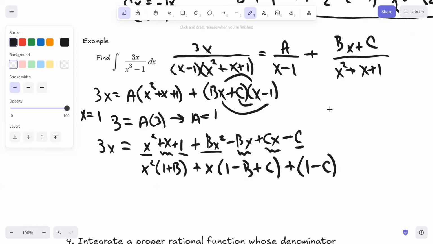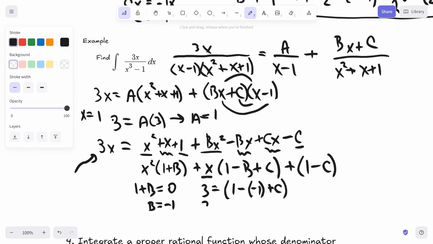Now, there are no x squared terms, so I know the 1 plus B has to equal 0, so B equals negative 1. So this x term here, the coefficient is 3, so I know 3 has to equal the 1 minus B, which we just found to be negative 1, plus C. So 3 equals 2 plus C, so C equals 1.